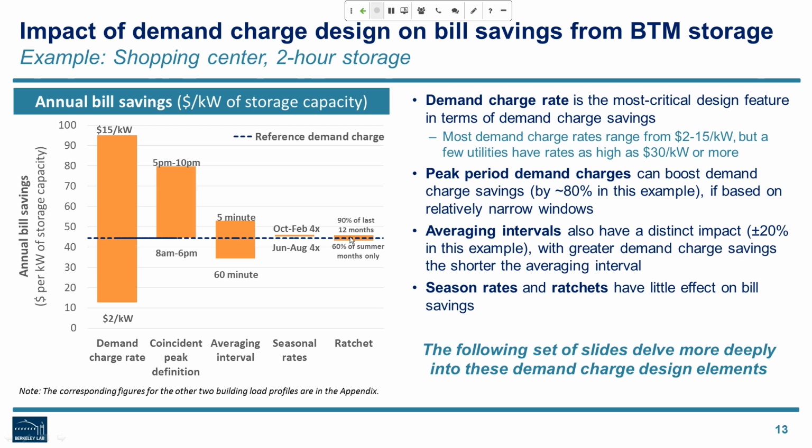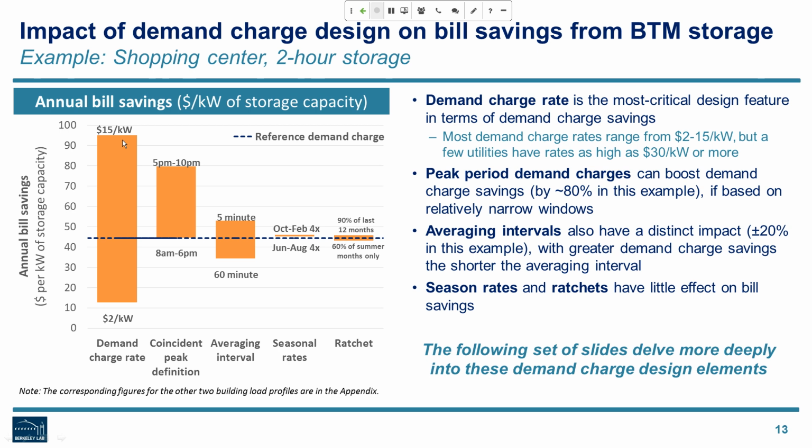And I considered various definitions for each of these demand charge designs, and the range in the annual bill savings seen in these bars is represented by these orange bars here.